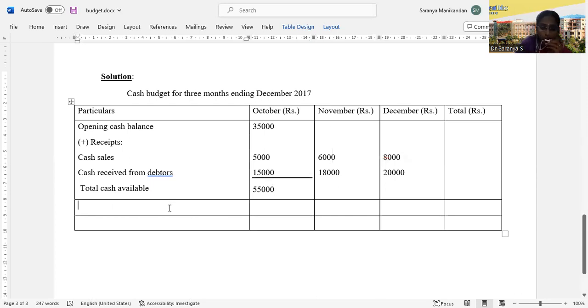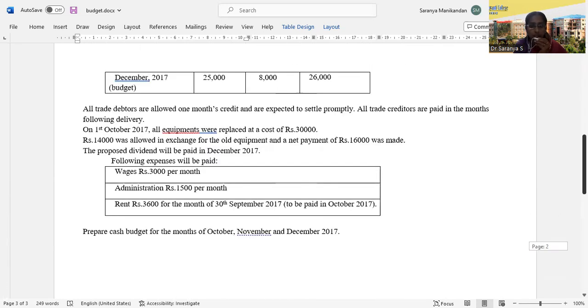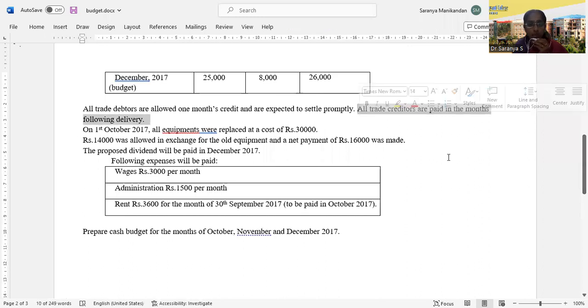So now we'll go for payment, minus payments. Under that, we will go line by line. So we have done till debtors. The next one is all trade creditors are paid in the month following delivery. Month following delivery means the next month. So again, 1 month time. So 1 month time we are getting from our suppliers or from our creditors.